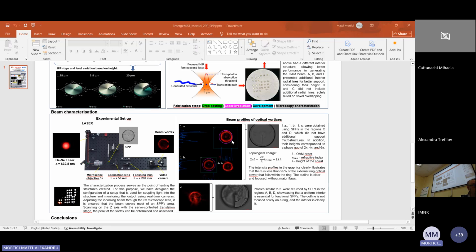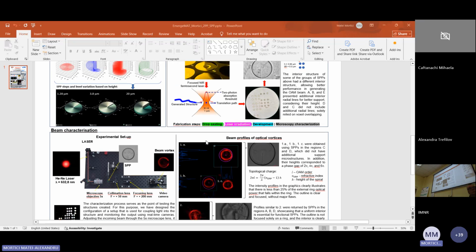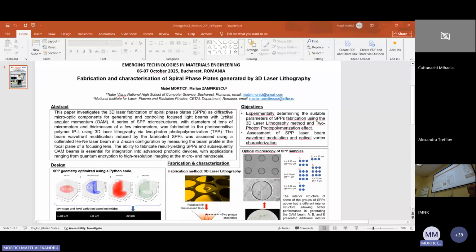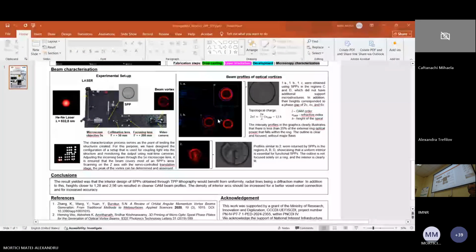As shown in the images here, the beam acquires the characteristic donut-shaped intensity profile, which we are trying to obtain, confirming thus that we successfully generated optical vortices, thus clearly showcasing the fact that fabricating spiral phase plates can be done using two-photon polymerization, and that's all from my part. Thank you very much for your time.